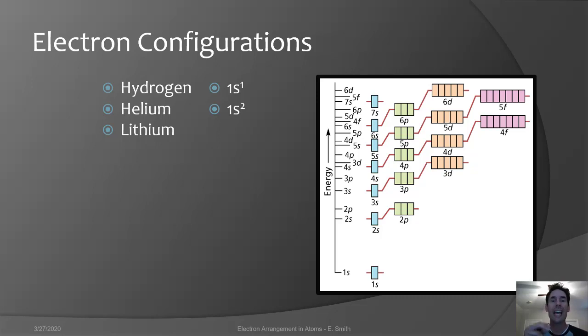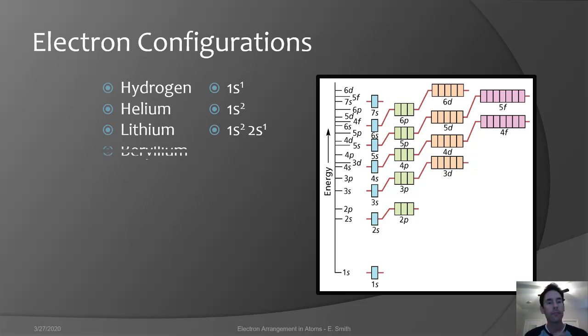The first 2 electrons have to go in the lowest energy level, which would be 1. Sublevel S, maximum that it can hold is 2. But where's the other electron go? Well, that means it has to go to the next energy level, which is energy level 2. The first sublevel that we see in energy level 2 is S again. It repeats. And then we put in that 1 electron, so it would be 1s2, 2s1.